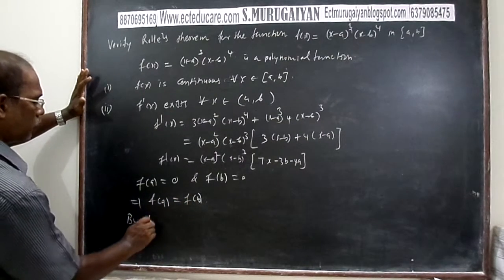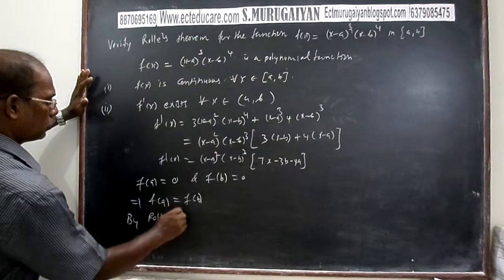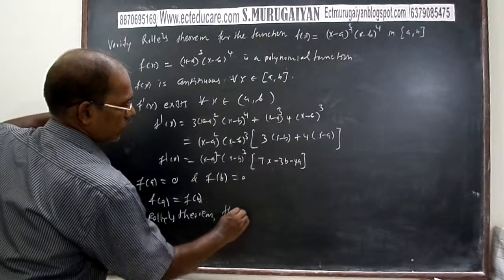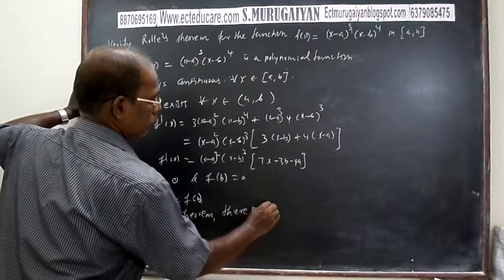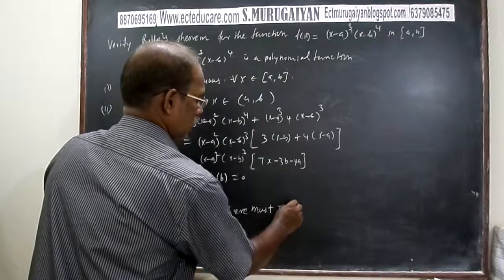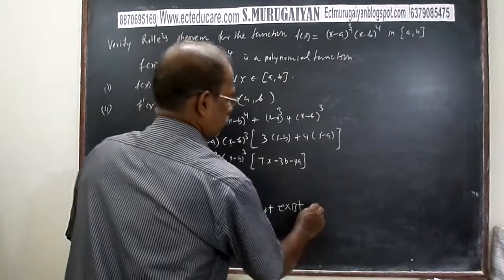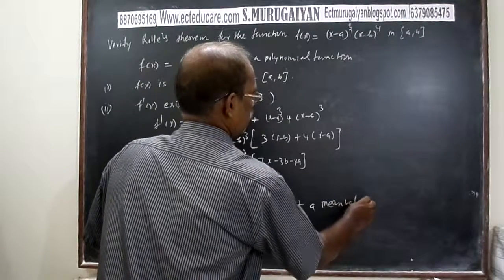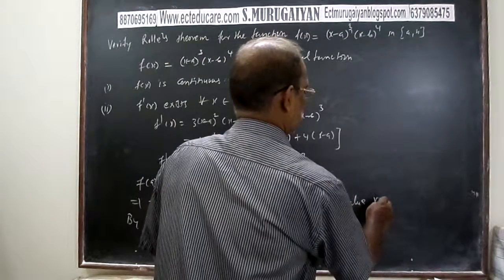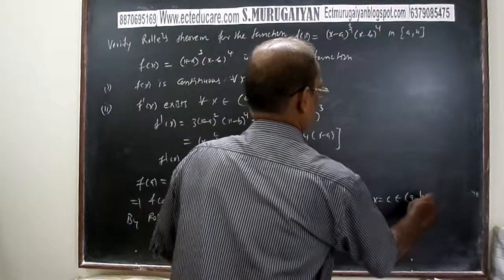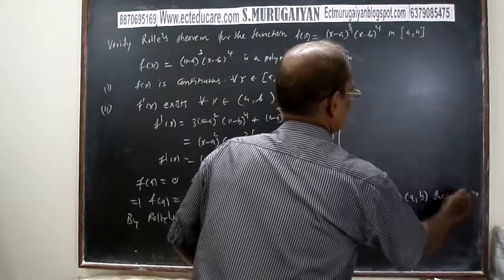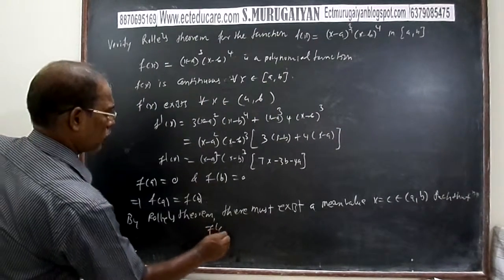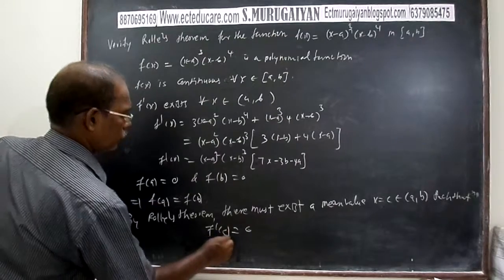Then by Rolle's theorem, there must exist a mean value x equal to c belongs to the interval a comma b such that f dash of c equals 0.